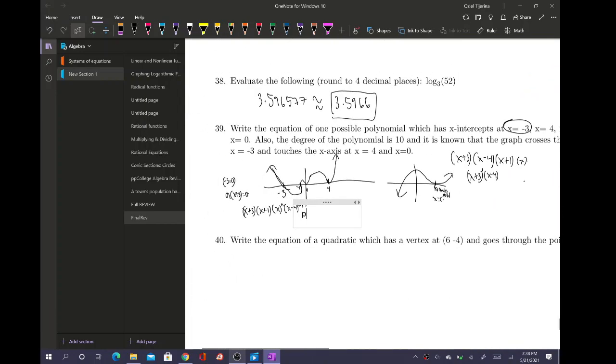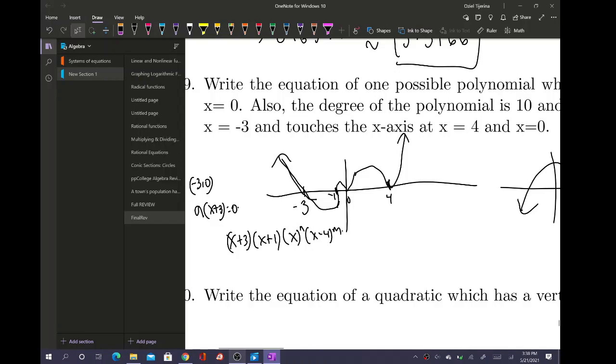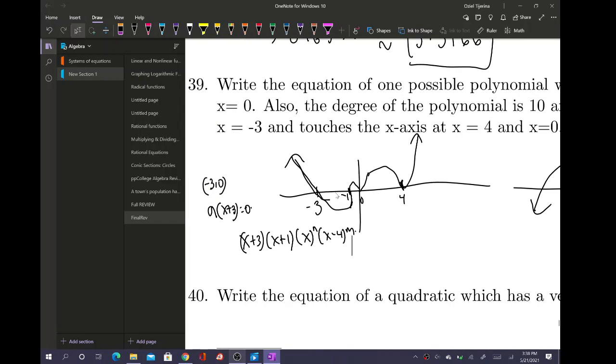Okay, so this one is very interesting. It says that it goes through x equals -3 and x equals -1. So x plus 3 times x minus 1, those are 2 factors. Now, it also says that it touches the x-axis at x equals 4 and x equals 0.